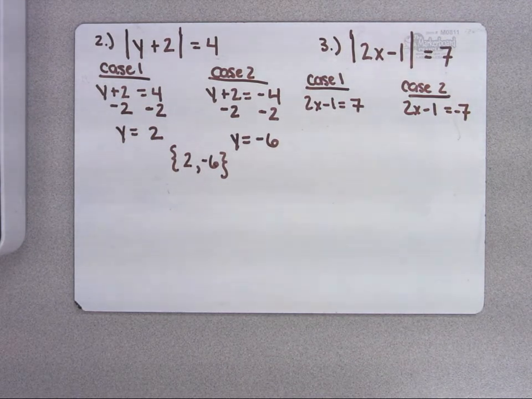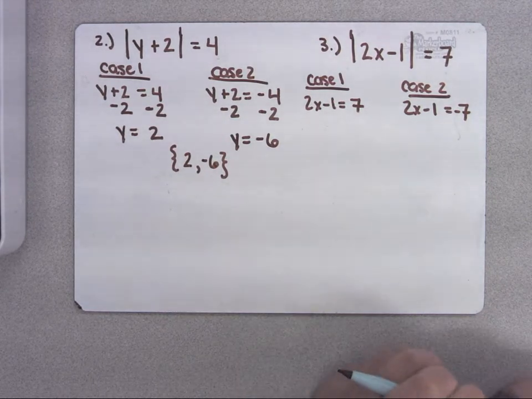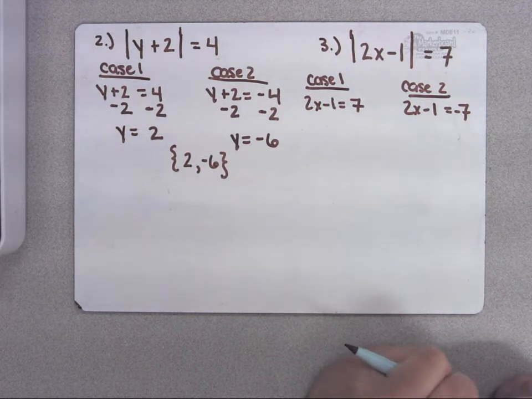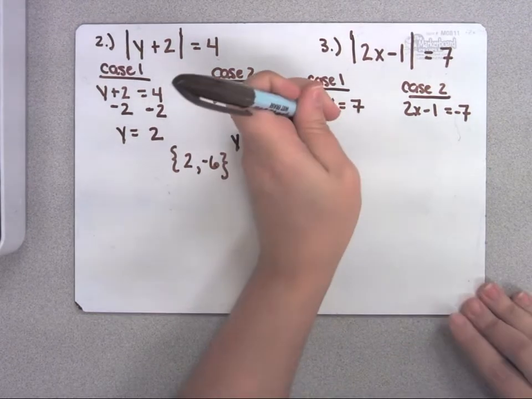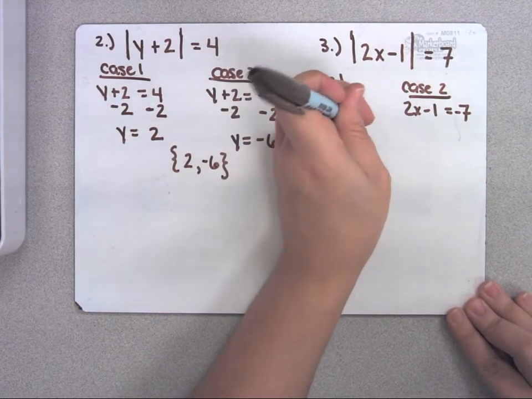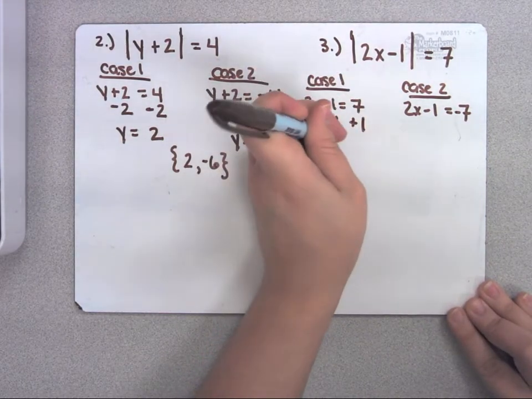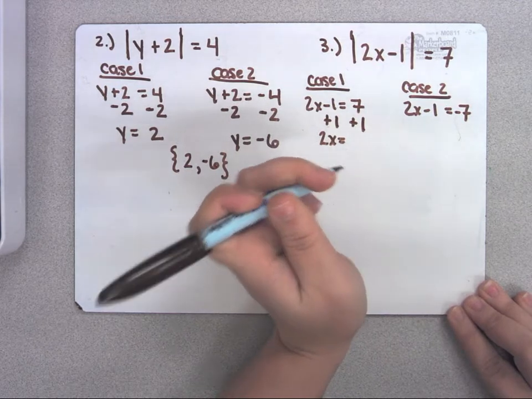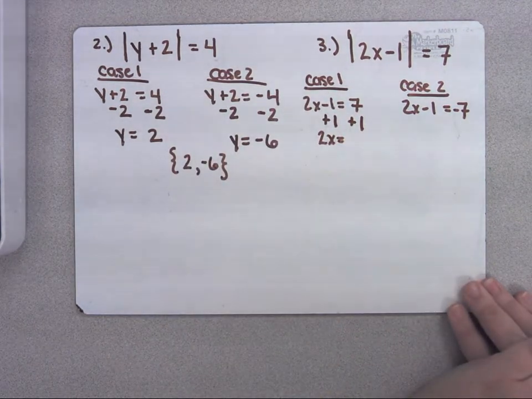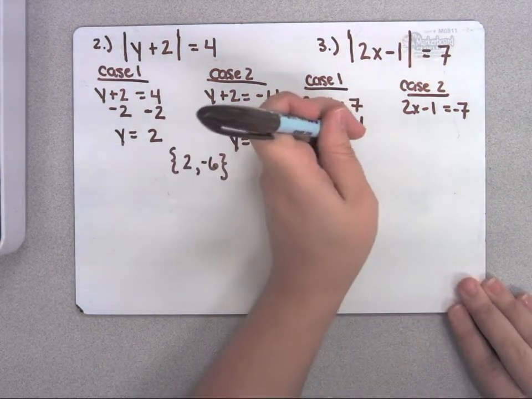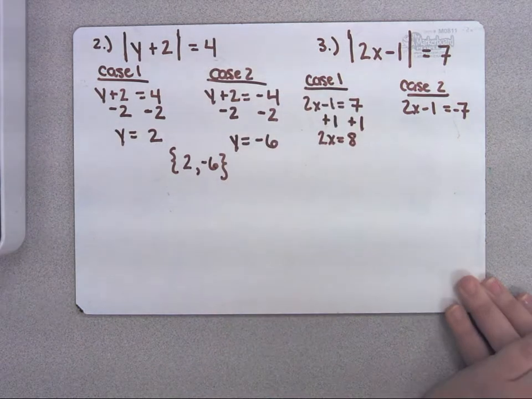What do we do to solve these equations? What's the order of math we're going to have to do, Connor? Like looking at case 1, how do I slowly get x by itself? Yep, I first add 1 to both sides, so then I get 2x equals what? On the first one, case 1. What's 7 plus 1? Okay, now what am I going to do?